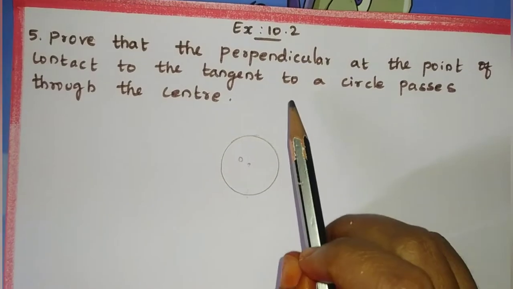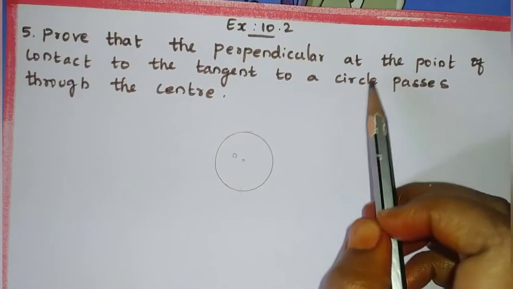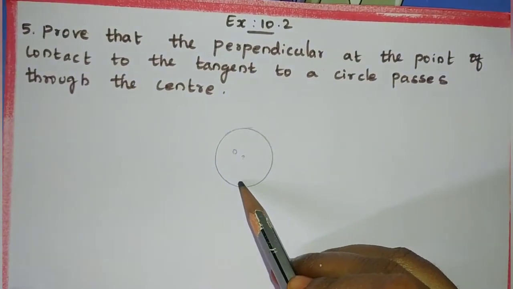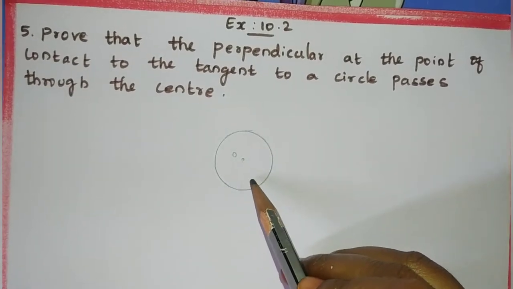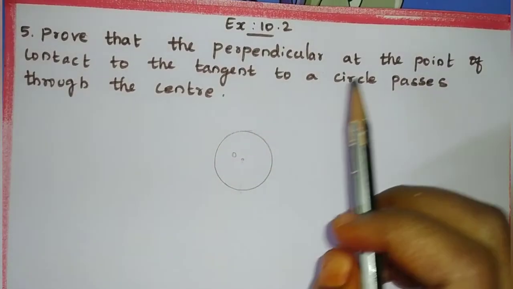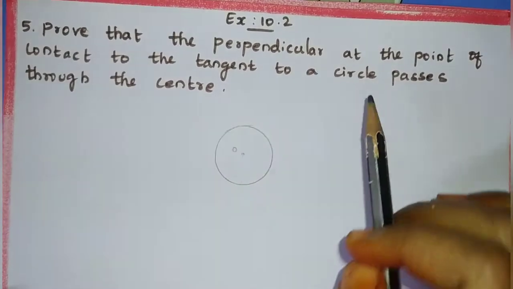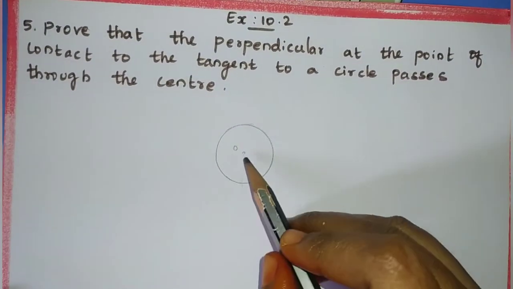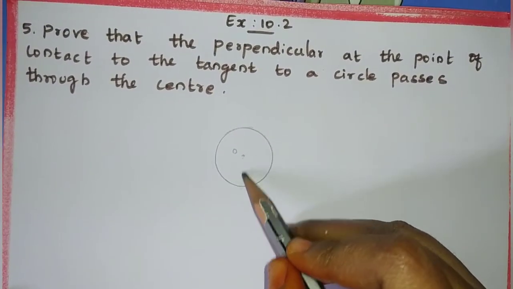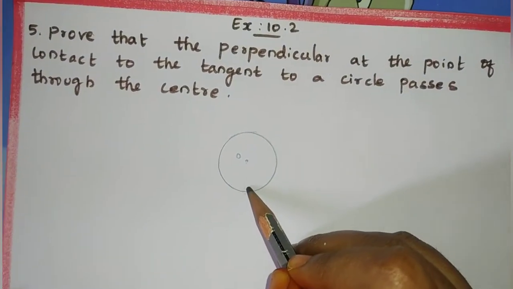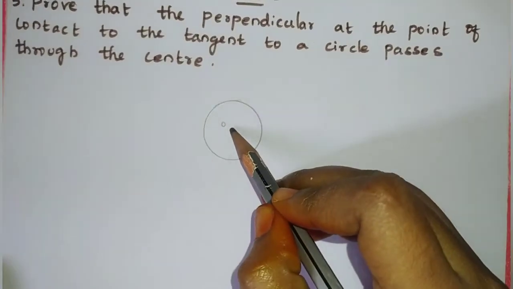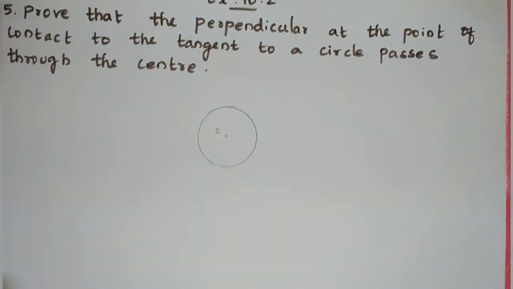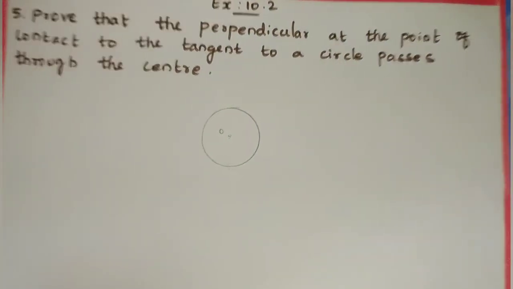Here what we have to prove is, if it is perpendicular at the point of contact to the tangent to the circle, it must pass through the center. That converse part we have to prove.